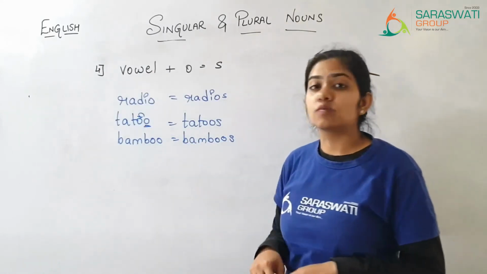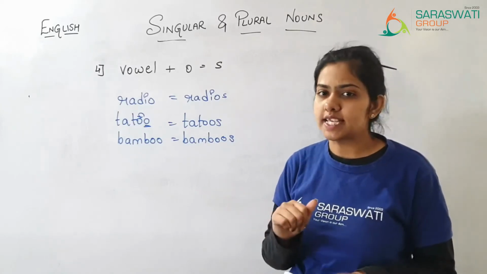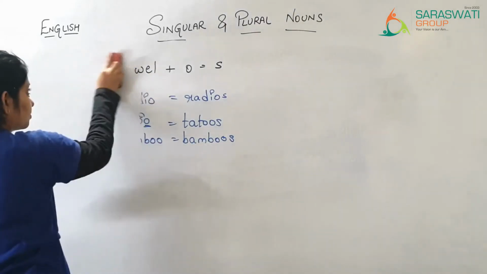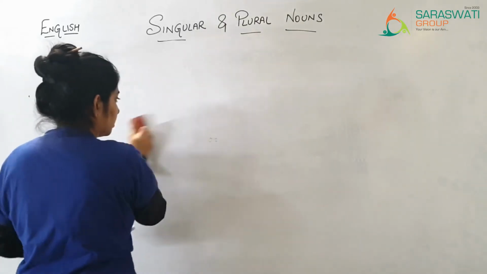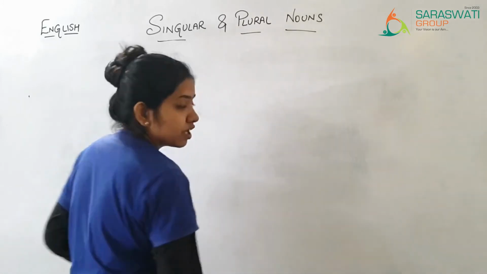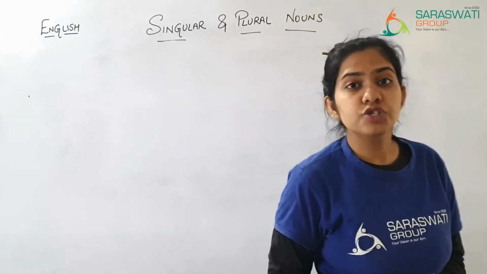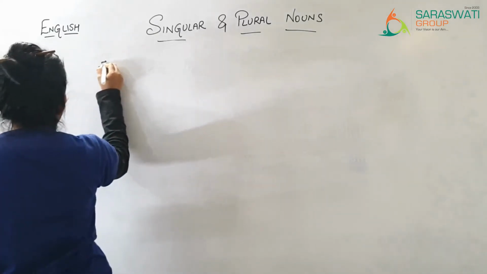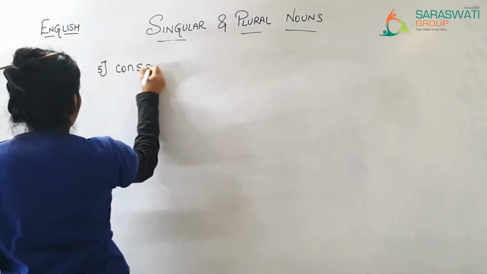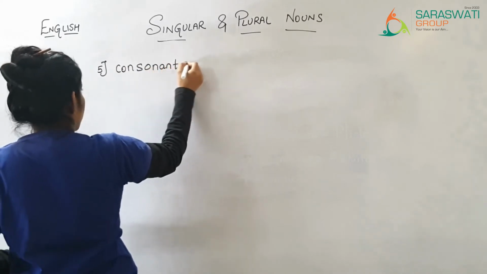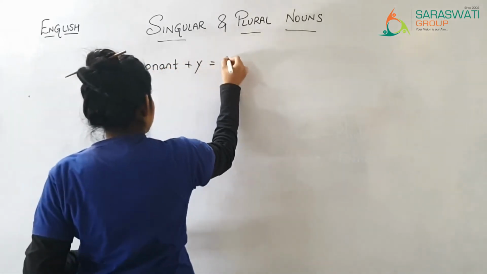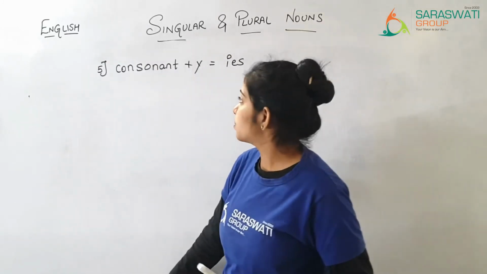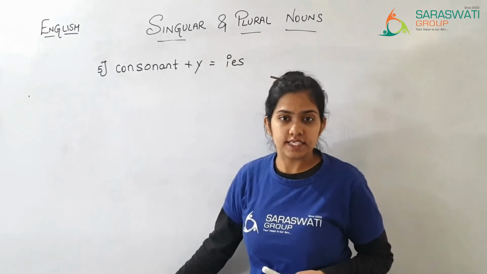The fourth rule is vowel plus O equals to S. Now our fifth rule is that is consonant plus Y is equals to IES. Consonant plus Y is equals to IES, right? Consonant plus Y equals to IES.